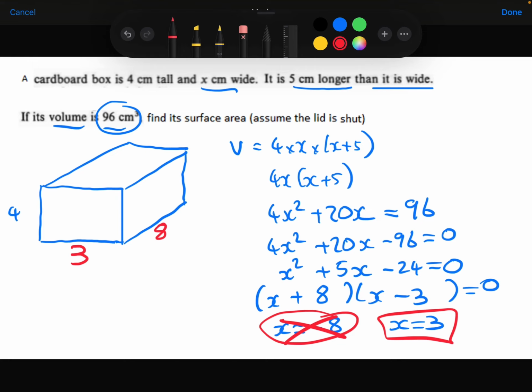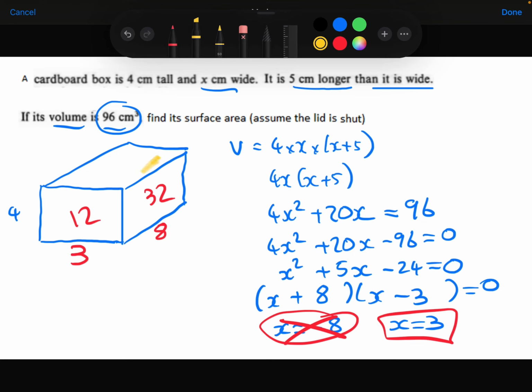And we can now work out the surface area of this cuboid, or this box with the lid being shut. Because the area of the face on the front there is 4 times 3, which is 12. The area of the side here will be 8 times 4, which is 32.